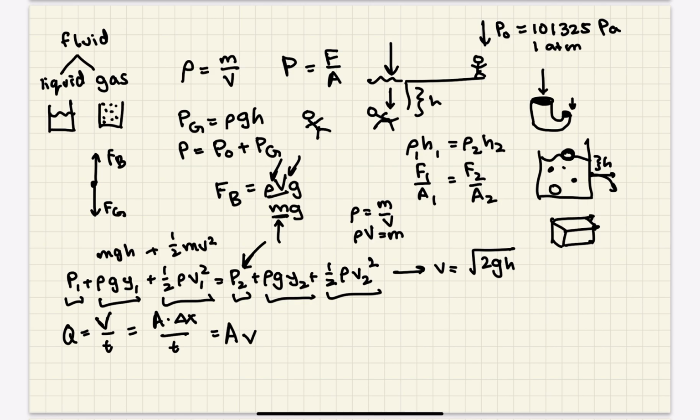Now, the continuity equation is another really important equation you need to know. It says that the volumetric flow rate is the same throughout, which basically says that A1 V1 is equal to A2 V2. And here V is velocity, not volume. This is also on the equation sheet, so no need to memorize it, but you do need to know how to use it.